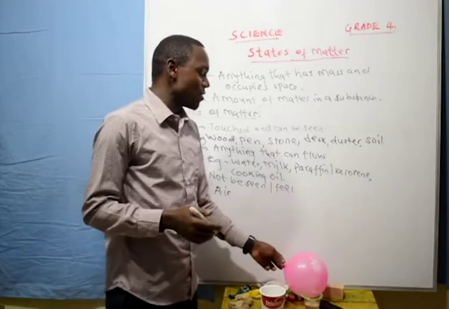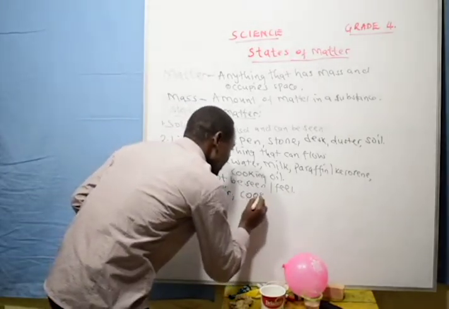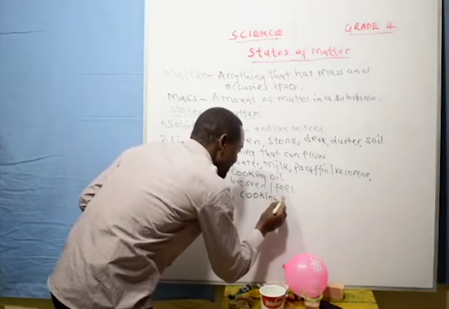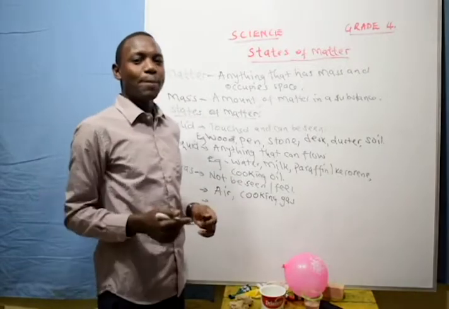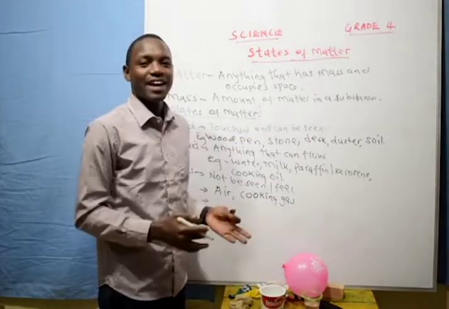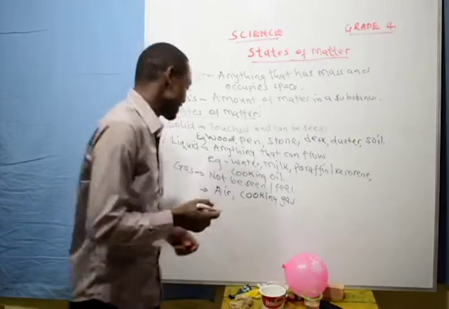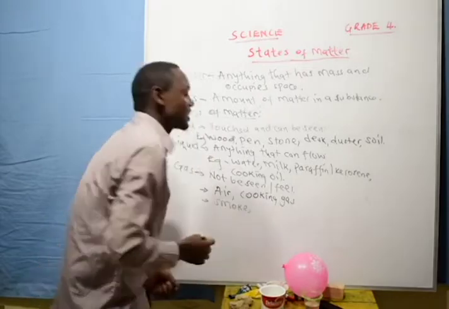We have other examples of gases. For example, cooking gas. We also have another example of a gas. What will happen when you burn firewood? What will you see from the fire? You'll see smoke. Smoke is a gas.